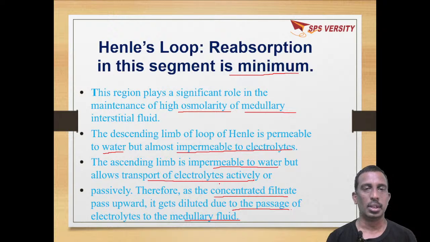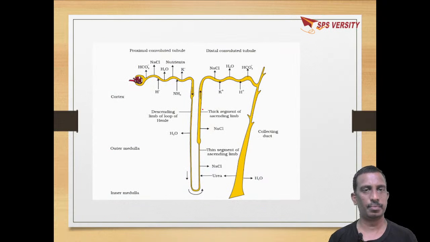So in Henle's loop, in the descending limb there is reabsorption of water, and the ascending limb only allows transport of electrolytes.